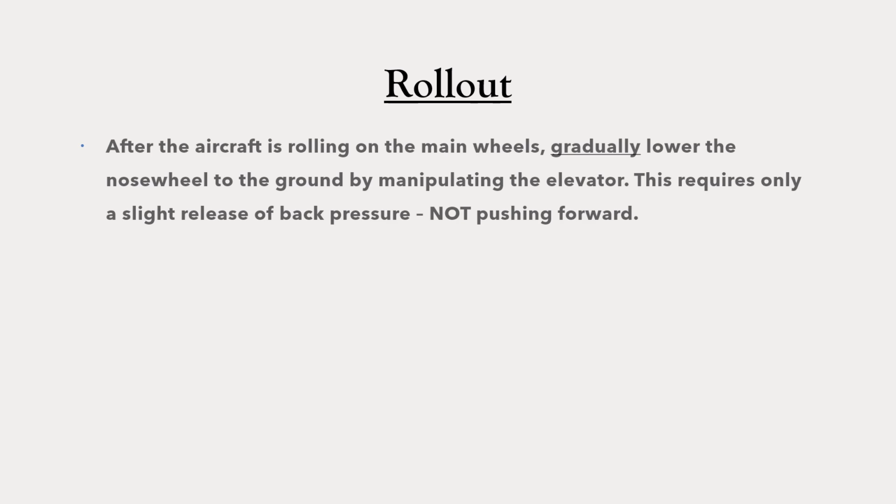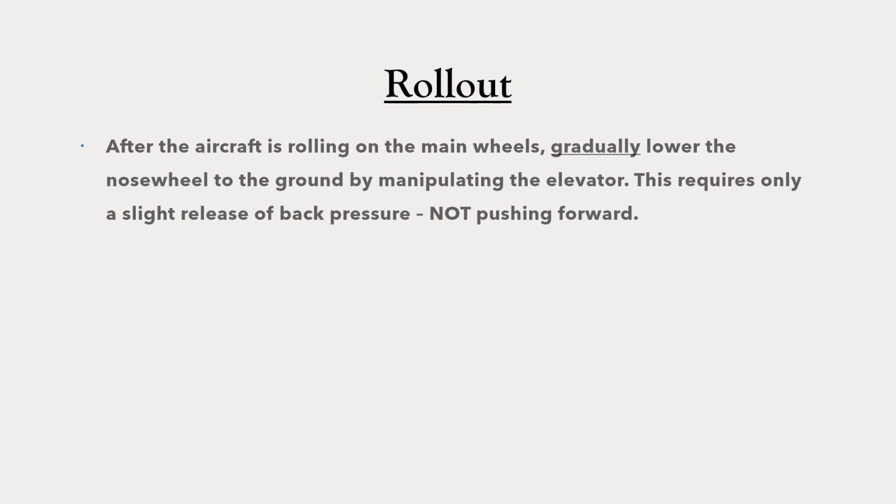The final part of the landing process is the rollout. So after you have the aircraft rolling along on the main wheels, you should gradually lower the nose wheel to the ground. You do this by releasing the back pressure a little bit. You shouldn't be pushing the nose wheel into the ground.